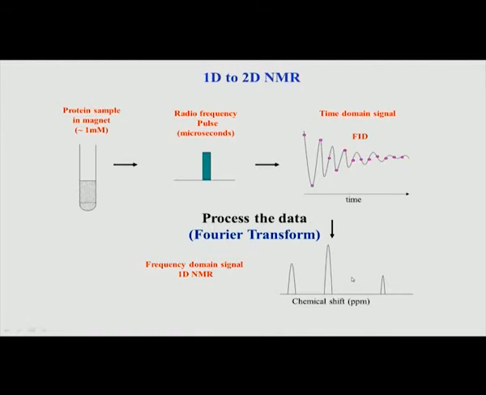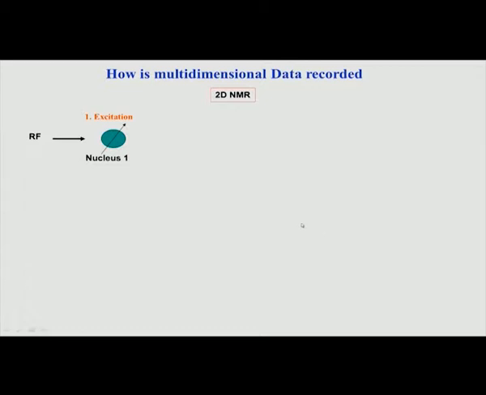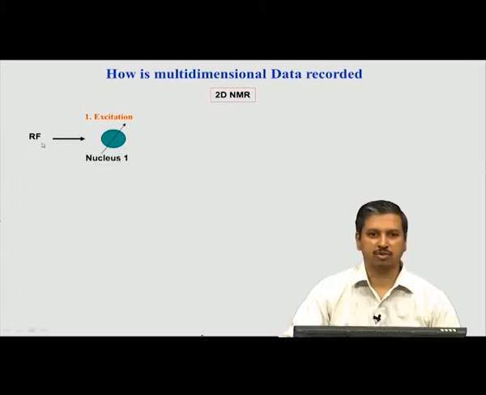So, 2D NMR, now we extend this concept a little bit more. When you go to 2D NMR, you start again from an RF pulse just like the 1D, and you apply it to a nucleus. Let us say we have a nucleus 1, some atom in the molecule, a hydrogen atom.